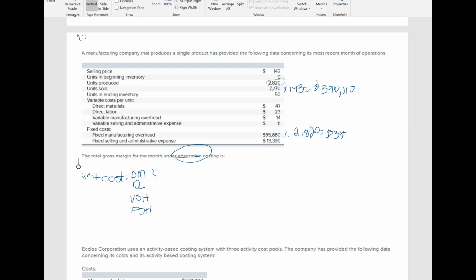Direct materials is 47, direct labor is 23, variable overhead is 14, fixed overhead is 34. So we have an absorption product cost of $118. And I just want to calculate something super quick.